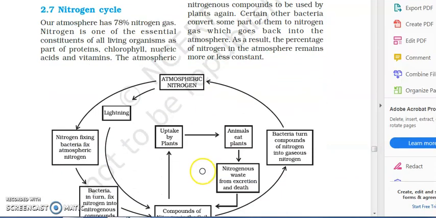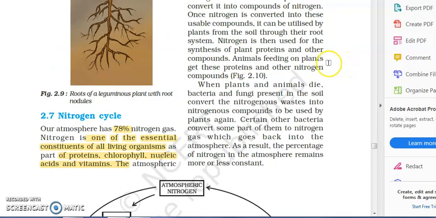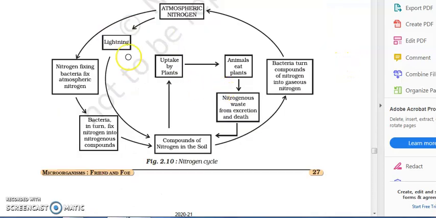Students, we already learned that the amount of nitrogen in our atmosphere is 78%, and this is a very important constituent for protein, chlorophyll, nucleic acid and vitamins. Atmospheric nitrogen is fixed by two methods. The first method is fixation by bacteria, that is blue green algae, and the second method is lightning.